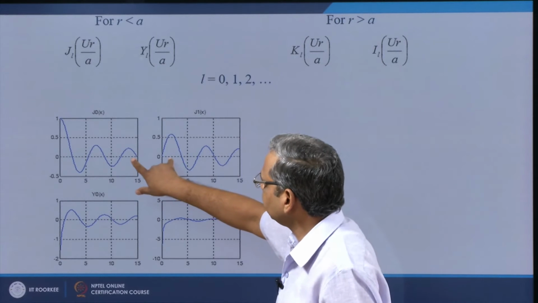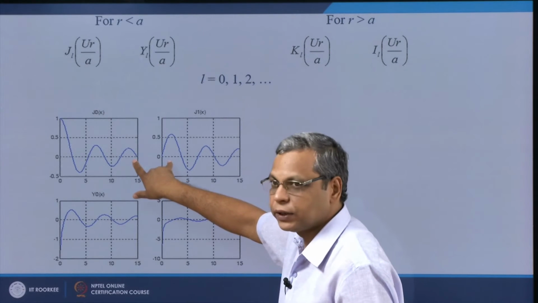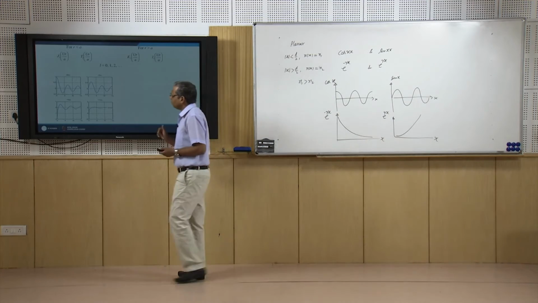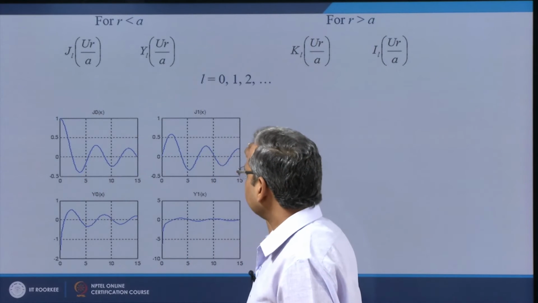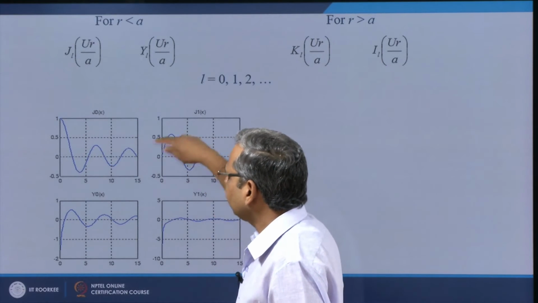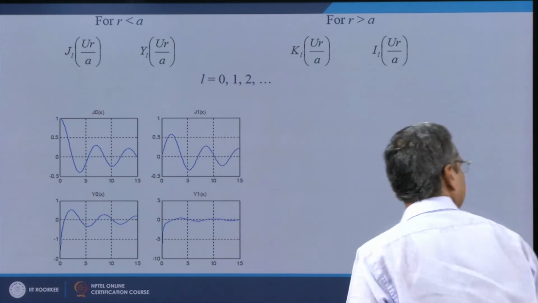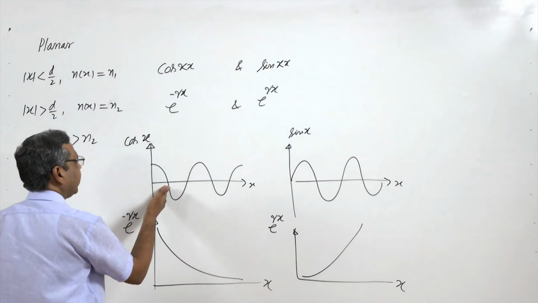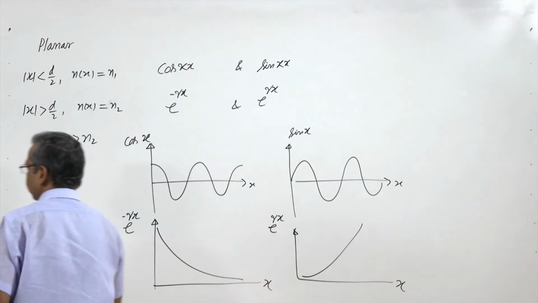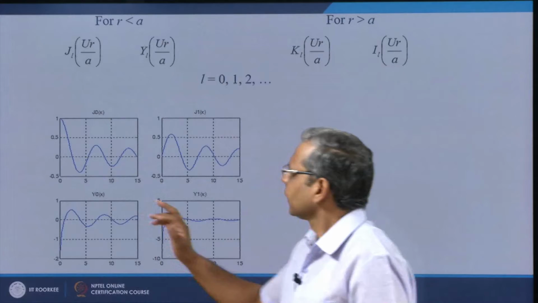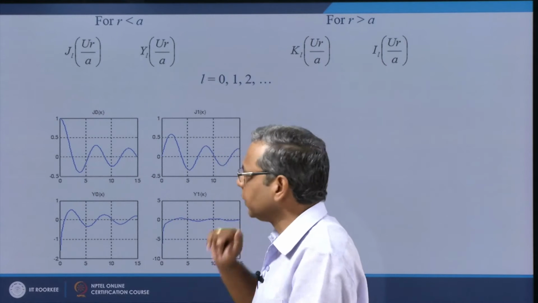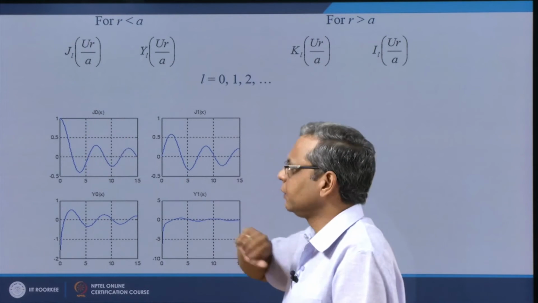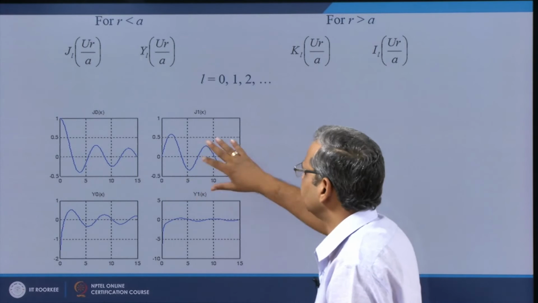So, what I see is that these functions have oscillatory behavior just like the cosine function. However, as I go in x direction, the amplitude of oscillations changes. It is not constant as you have in cosine, and in cosine functions you know that this is pi by 2, this is pi, this is 3 pi by 2, this is 2 pi, and so on. But here it is not as simple as that. It is some complicated function, but if this is an oscillatory function of this kind, then it is j0, this is j1.